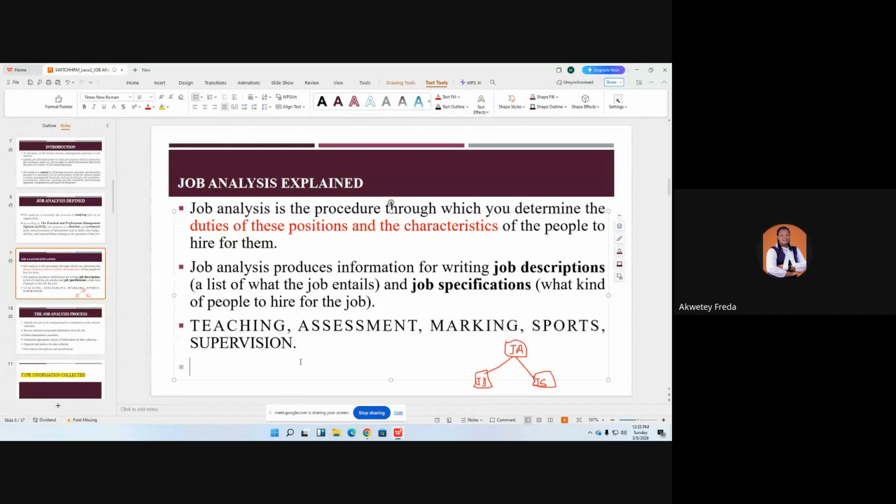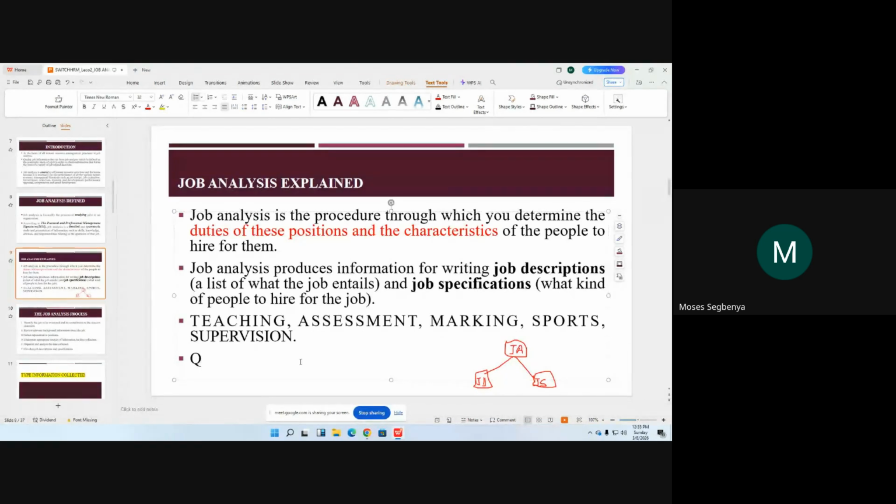So you may require your pedagogic skills. Okay. So what about your qualification? Qualification, skills, age, experience. What again?